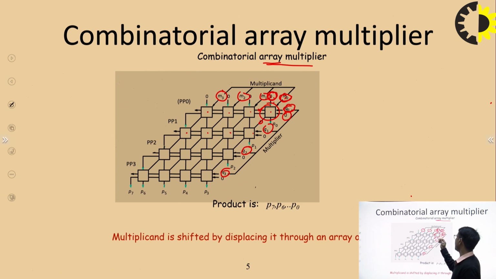So, it will add all these together and generate the partial product P0, pass the multiplicand M0 here and the multiplier Q0 here, and send P0 down here, along with the multiplicand here and the multiplier here.